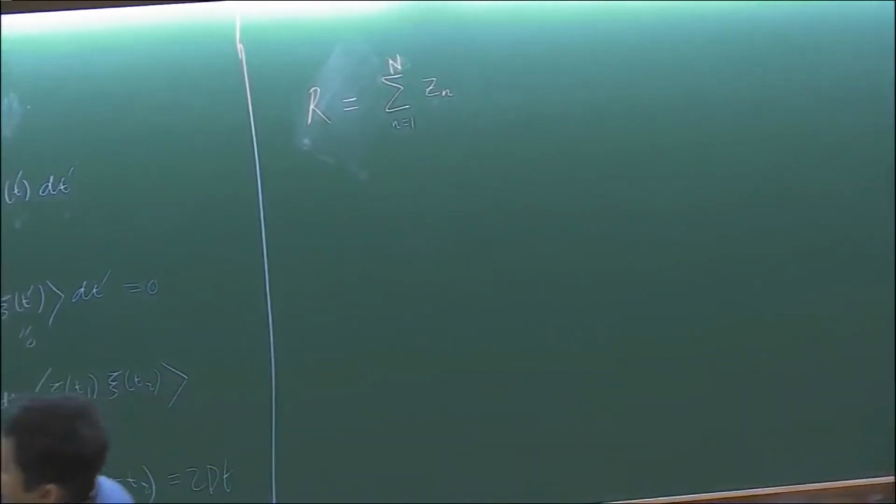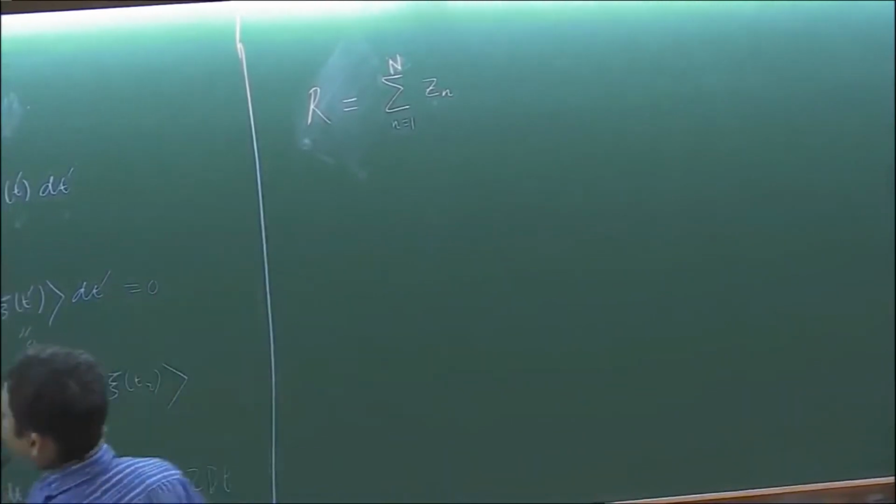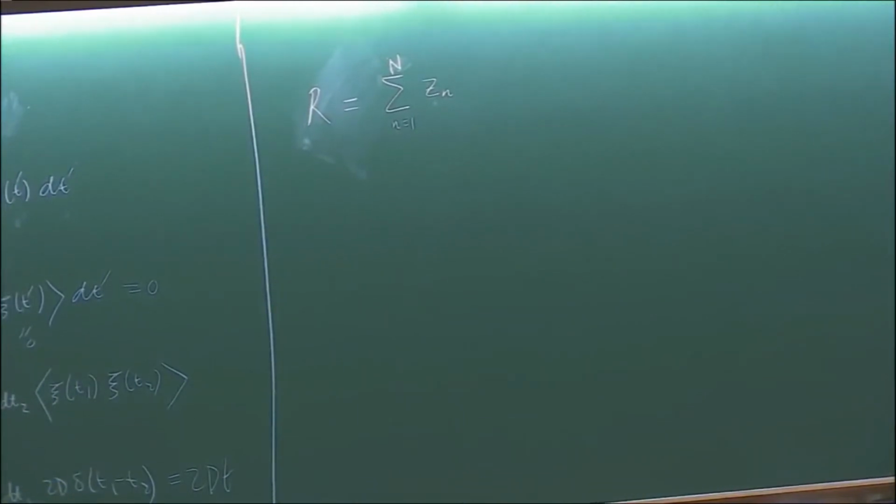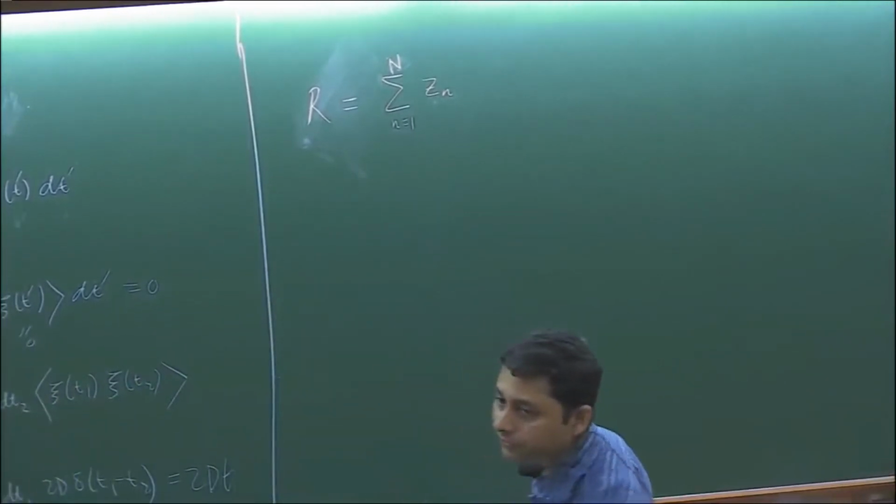You can think of this R as one of the delta x's, because even this delta x I could have broken into finer intervals, and it's again a sum of some random numbers. I'm now going to assume that these random numbers are not Gaussian. They have some distribution.